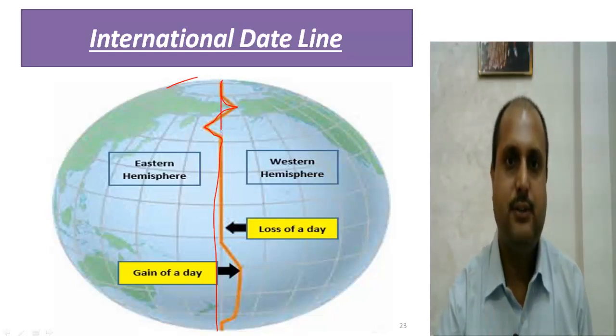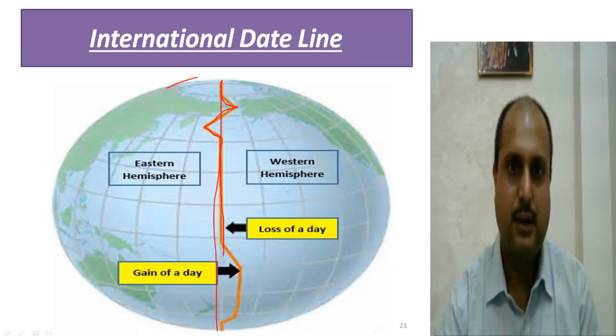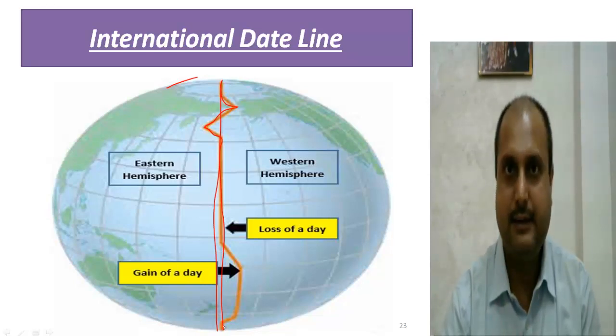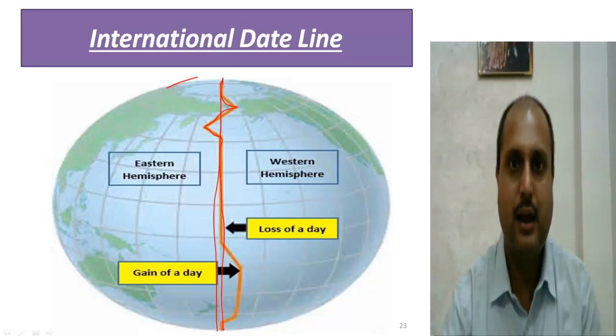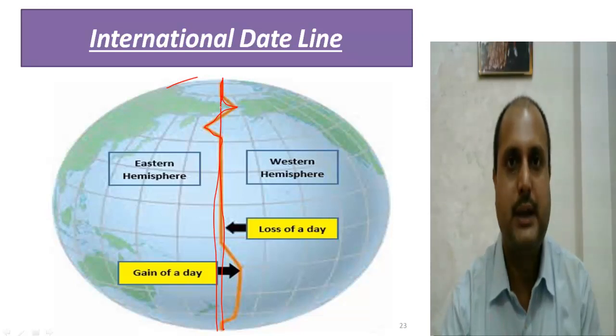Because if it were a straight line, then some countries would fall on the international dateline, and no country would allow different times of day and night on its own land. That is why the international dateline crosses through the sea. It is located on the water, not on the land, because if there were day and night time zones, governmental functions could not be carried on.